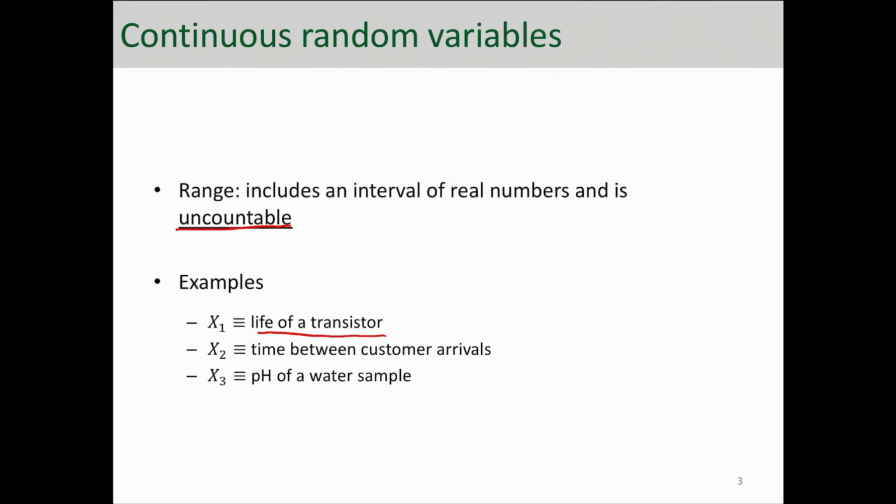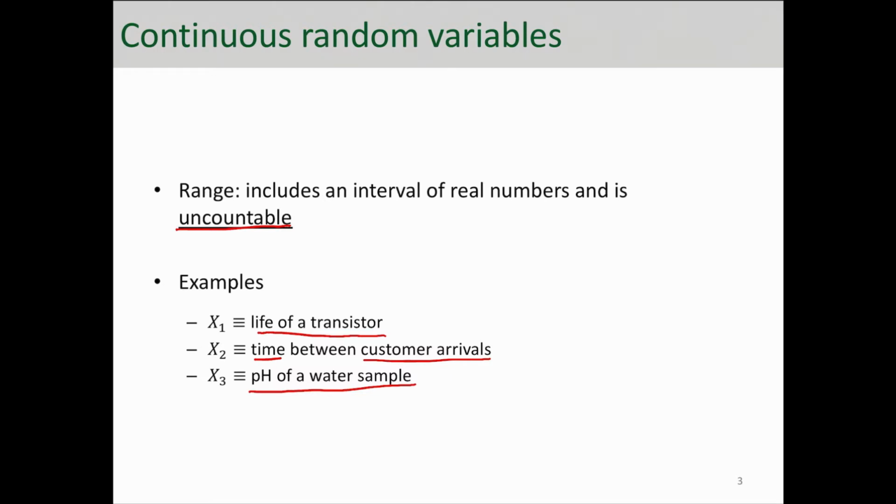Again, time between customer arrivals, it's nature's time, and time is continuous. And also the pH level of a water sample. In pH values, between any two values, you have so many other real numbers. So these are some examples of continuous random variables. We'll look at more examples in this module.